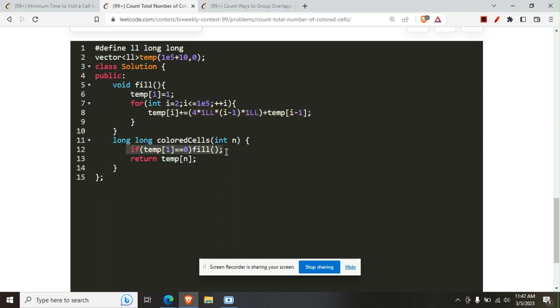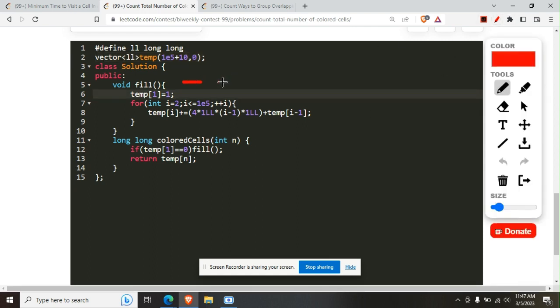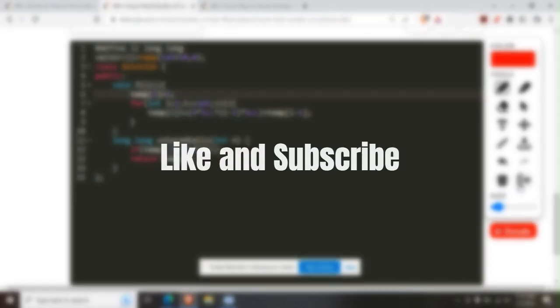And this is what I've written at first: if my array has not been computed, that means I have never calculated all the values, so I will first calculate it. And if I've already calculated it, do I need to calculate it again? Obviously not, so I made an if check. And at every instant, we just return the value of temp of n. So this is the whole code pretty much, which is an easy one.